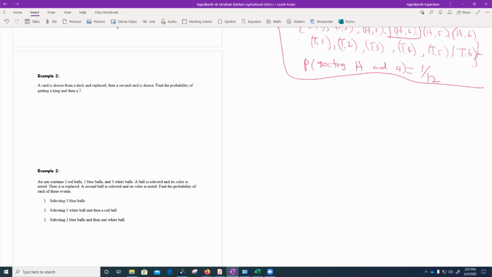So now here, since you are replacing the card, let me write down here: when you replace a card and draw the second card, this is considered as independent events.